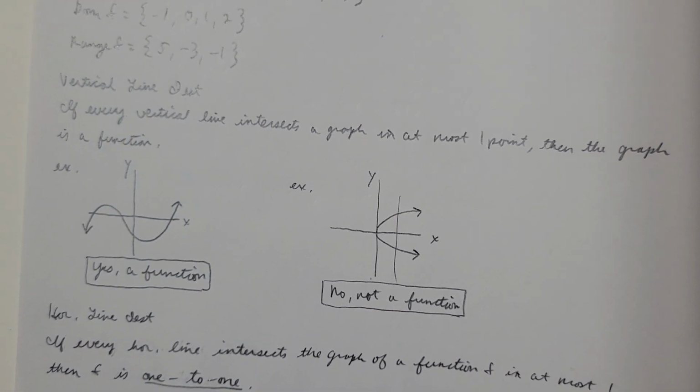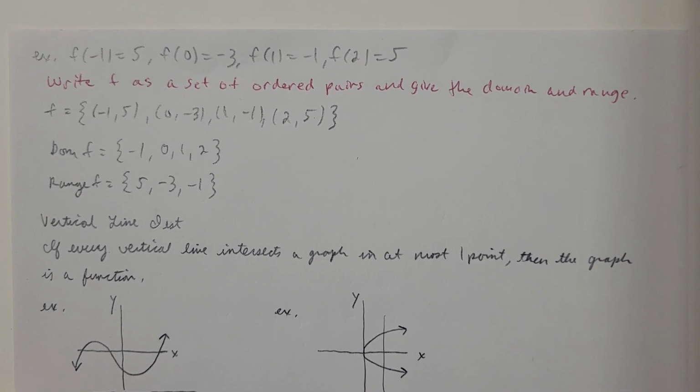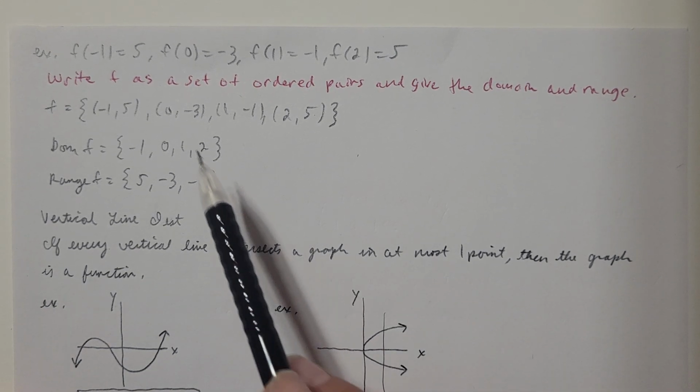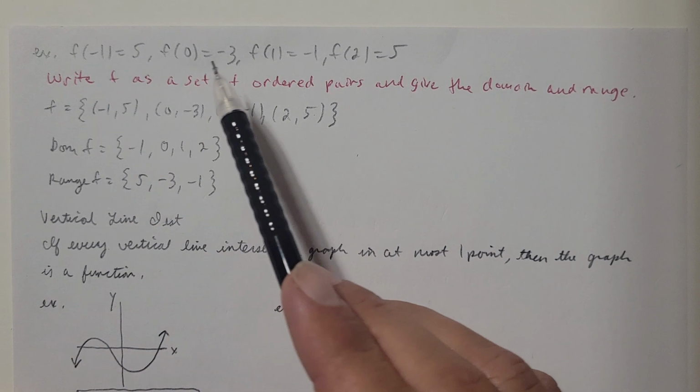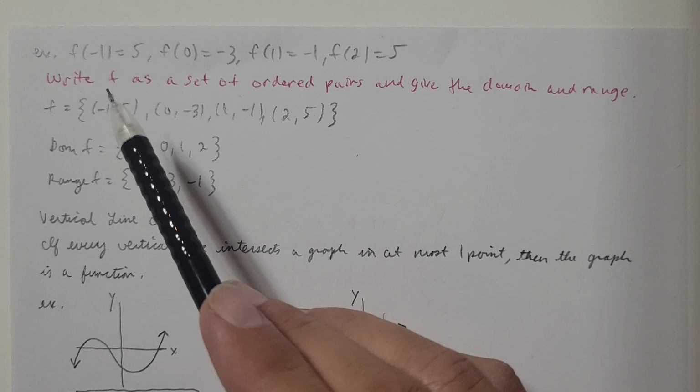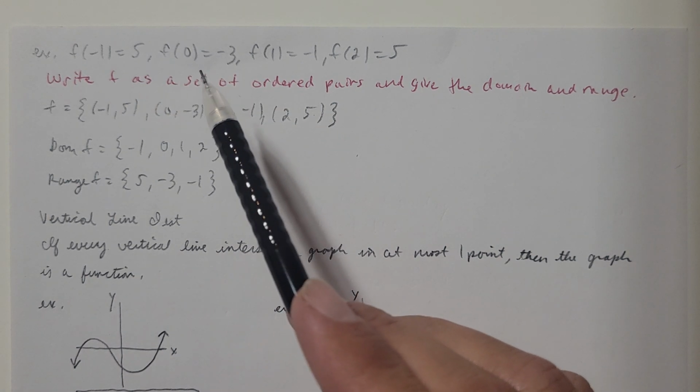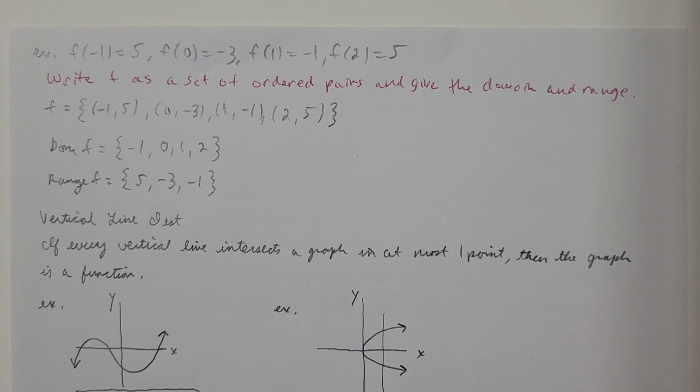Here's another example. So what if I had this information? f of -1 equals 5, f of 0 equals -3, f of 1 equals -1, and f of 2 equals 5. f is a function, okay? So I'm supposed to write f as a set of ordered pairs and then give the domain and the range.